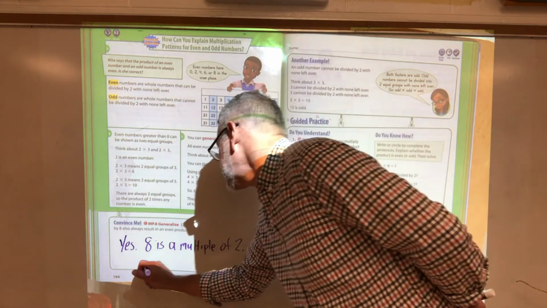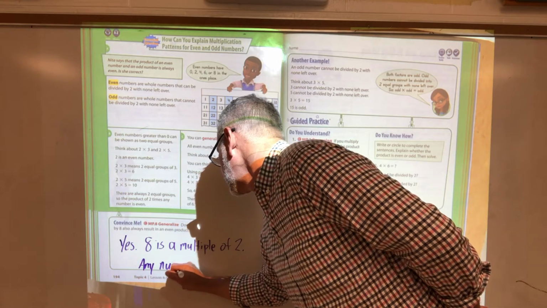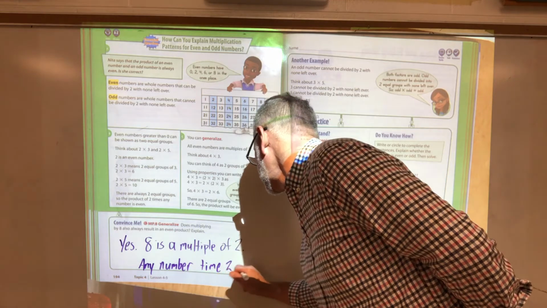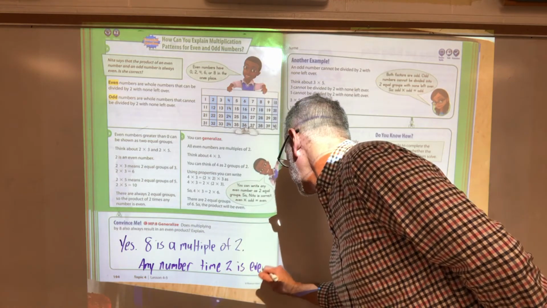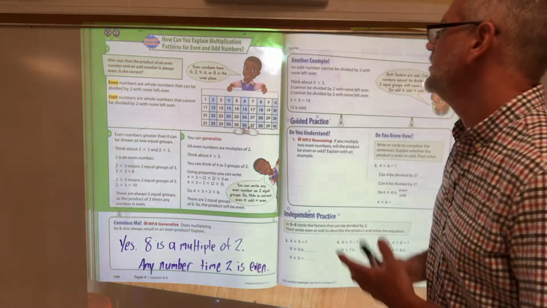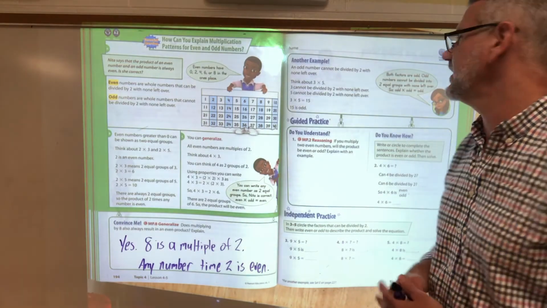And anything times any number times 2 is an even number. Okay, 3 times 2, that's 6. 5 times 2, that's 10. So even when you multiply by an odd number, you're going to get an even answer.